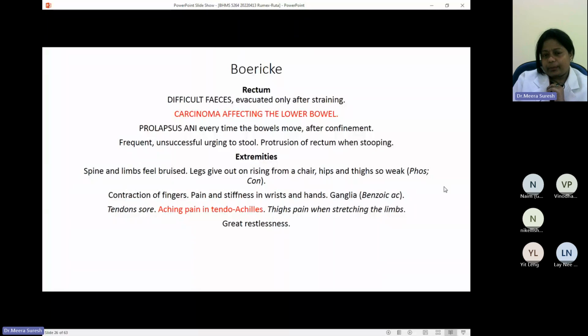Here I put the symptoms, but coloration I did only for those symptoms which were not mentioned earlier. Legs give out on rising from a chair, hips and thighs so weak. But for exam purpose, not important. But clinically, if some patients are saying, you can think about it. Then the ganglion formation, aching pain in the tender Achilles region.